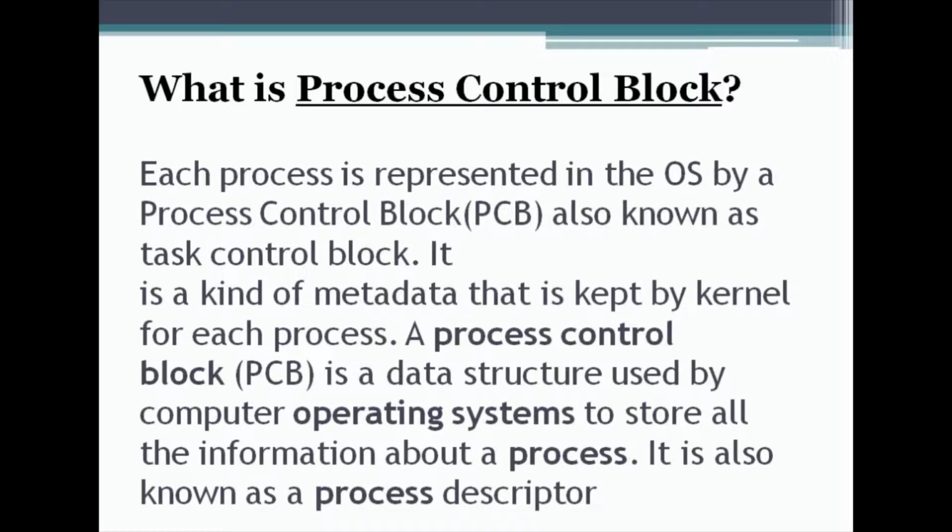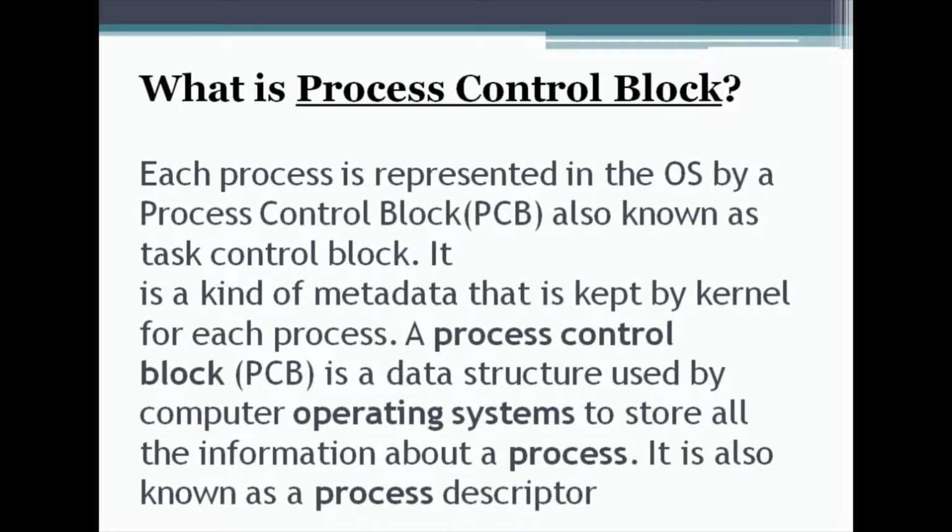Each process is represented in the OS by a PCB, also known as a task control block or process descriptor. It is called a process descriptor because it describes what a process is going through, what states and other things a process is going through.